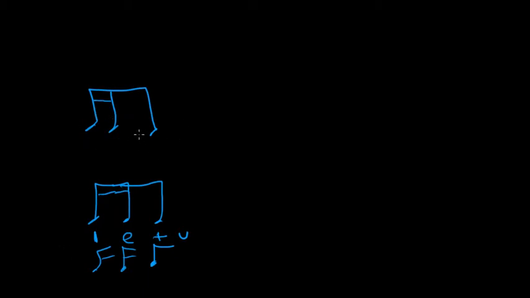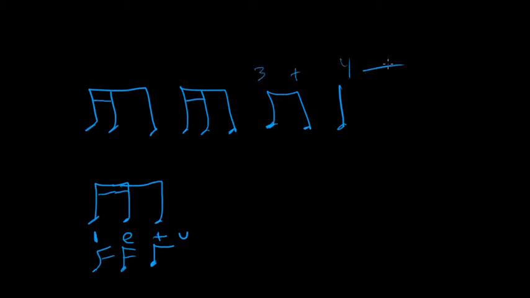And let's put a few of these next to each other. So the third beat here is just straight up eighth notes, 3 and, and then the fourth beat is just a quarter note. Okay, let's do it. 1, 2, 3, 4.